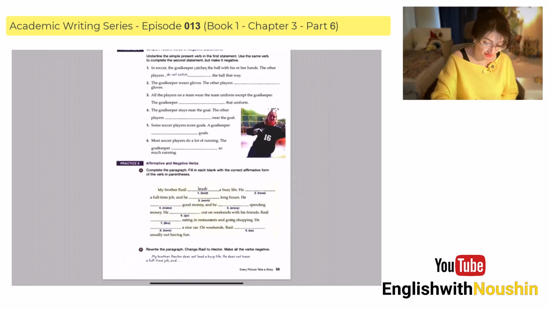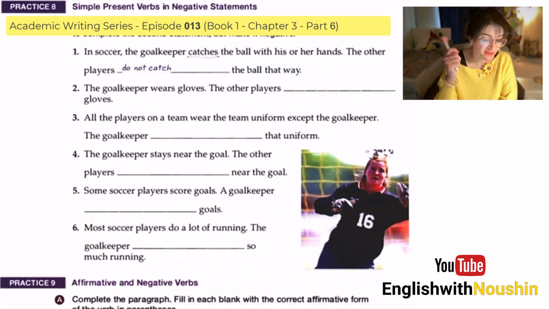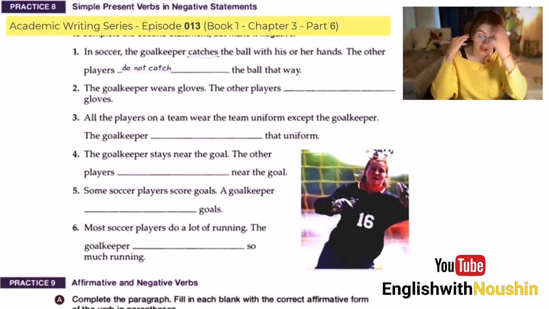Look at page 59, practice number 8. You've got simple present verbs in negative statements. So what we want to do is underline the verb in the first statement and then use the same verb to complete the second sentence, but make it negative. So again, you've got 6 sentences.